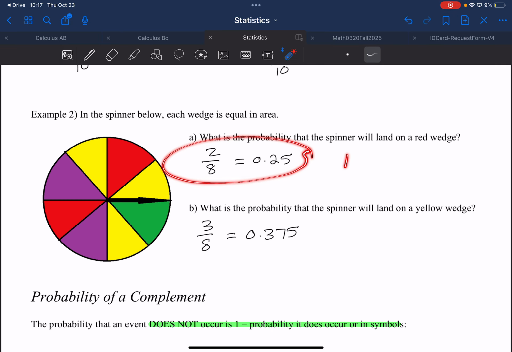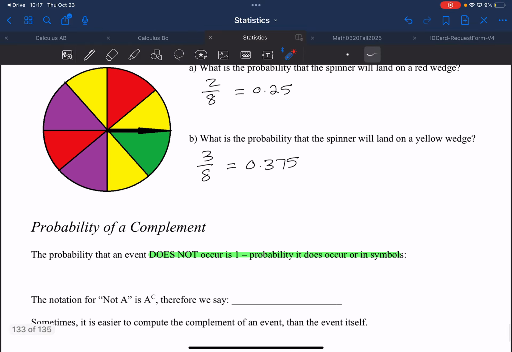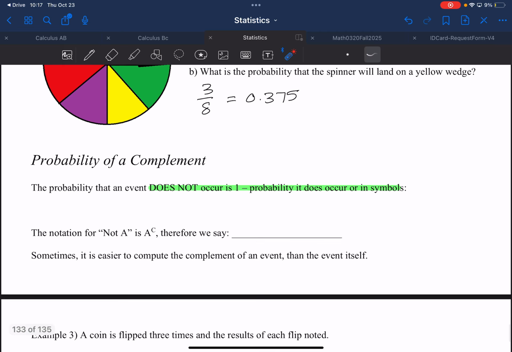It would be 1 minus 0.25, which is 0.75. Okay? So in order to find the one that we don't need, we take the probability we have and subtract it from 1. That would be the complement of the probability.